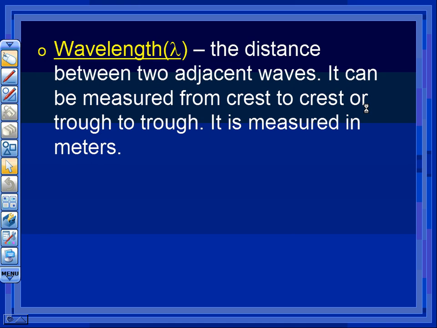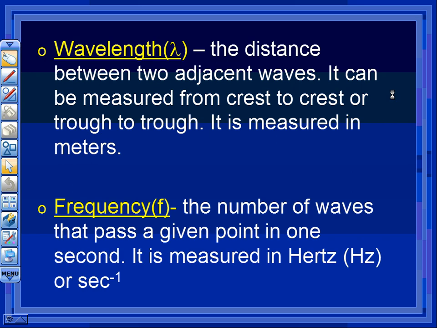Number 8, the unit for wavelength is the meter. Again, you can pause at any time. Frequency, we're going to be looking at it in an equation. Well, I would like to point out this is what you're going to see in the equation for wavelength. It's this weird looking symbol that's called a lambda. Frequency is just going to be F. And frequency is basically how frequent the waves are, and it's how many waves pass a given point in 1 second.